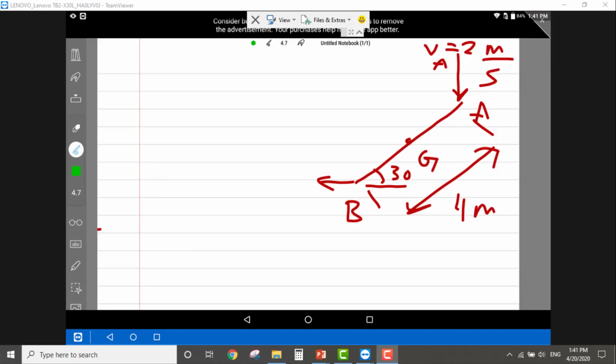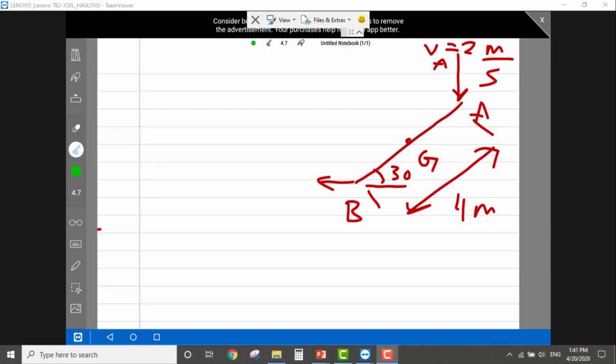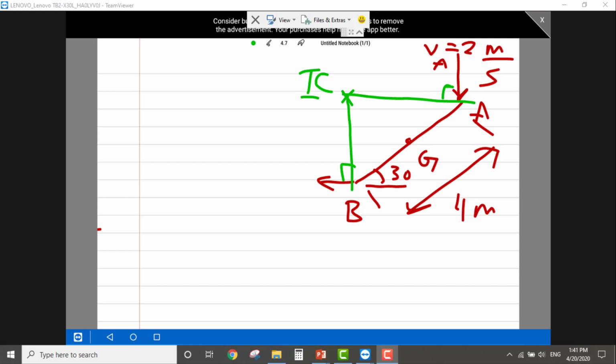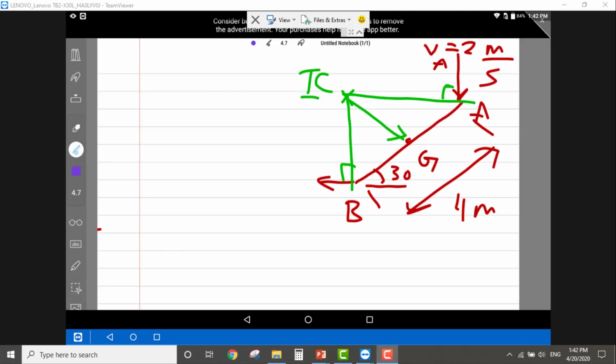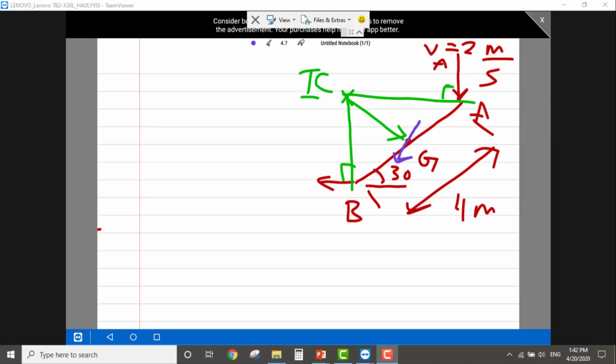Let me use another color, the green one. So as I mentioned, and as I am drawing in the slide, here is the IC point, perpendicular with this velocity, perpendicular with this velocity. So here is the intersection, IC, and here is the line connecting IC with velocity VG, and the direction of the centroid velocity is perpendicular to this line.